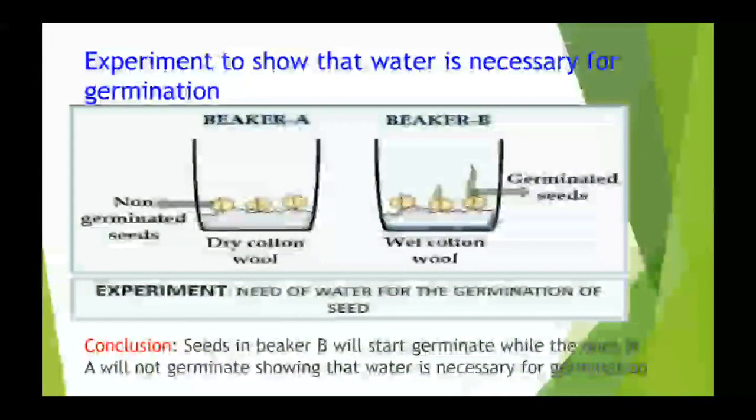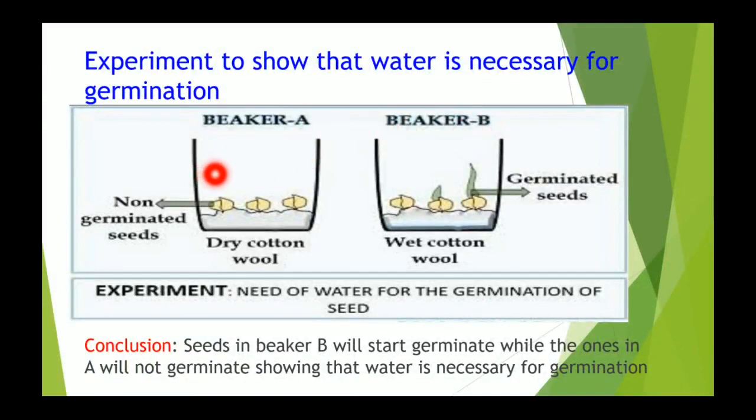Now experiments. I think these are an interesting topic. Let us take the first one: how water is necessary for germination. For that, you have to take two beakers and name them A and B. In beaker A you have to take dry cotton wool or dry cotton cloth, and in the second one you have to take wet cotton cloth.